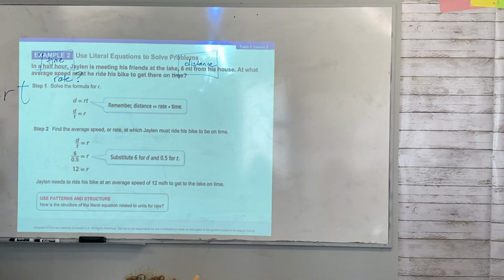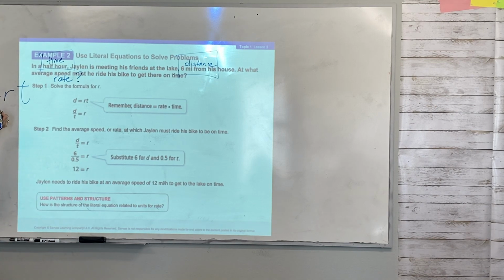All right. Distance equals rate times time. That's beautiful, but it's not going to help us here. We need to solve for our rate. So you have to rewrite it, and you have to isolate the R and take the T out.